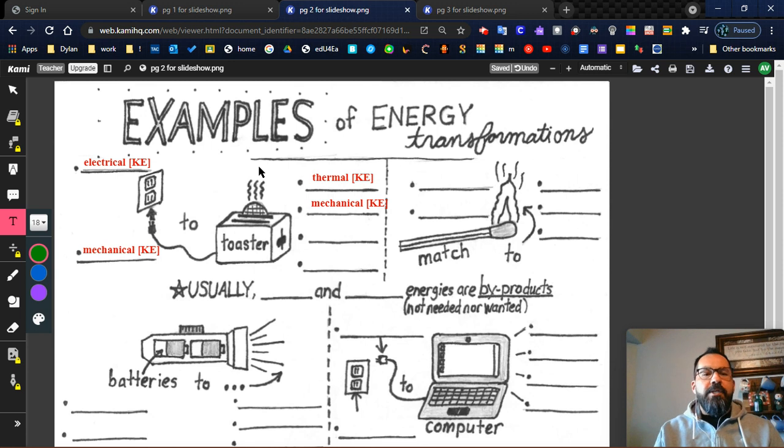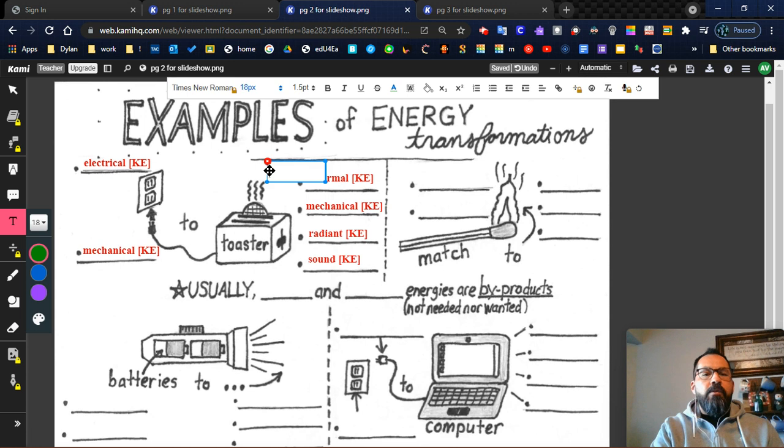Some of the mechanical energy that we use to plug in the toaster and to push this little knob down to get the waffle going causes it to pop back up as well. If you're paying attention when the waffle is cooking, you might also notice that we're going to see some radiant energy, which is light, and sound energy.